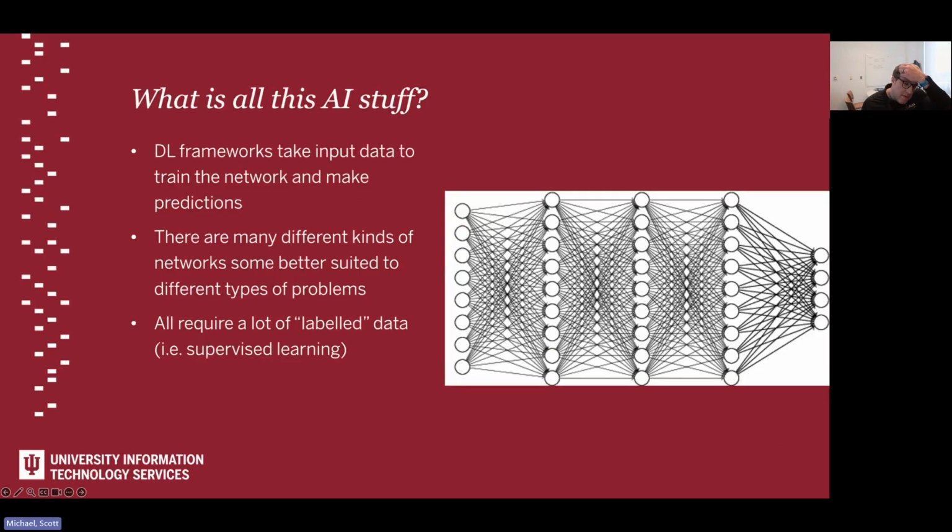So the sort of overview, and I'm sure you've seen a graph like this before, of what is a neural network, and this is an example of a fully connected neural network.